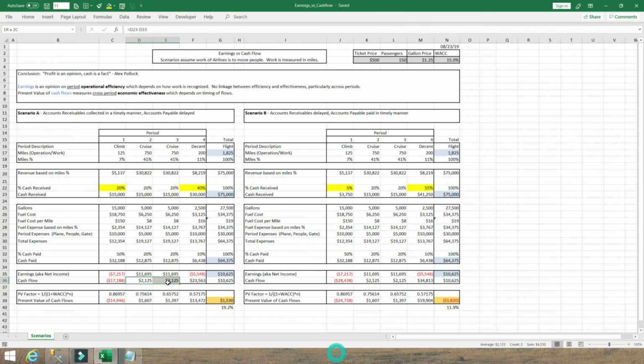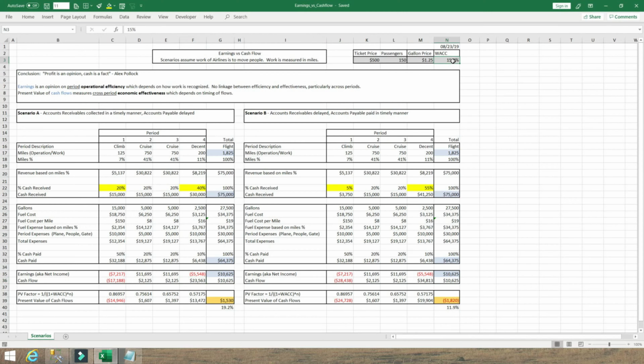The middle two periods are exactly the same in terms of earnings and cash flow. And then in the last period, with the majority of the cash in scenario 2 assumed to come in, you have quite a bit of cash flow, whereas in the first scenario, you only assume 40% is coming in, so the cash flow is different.